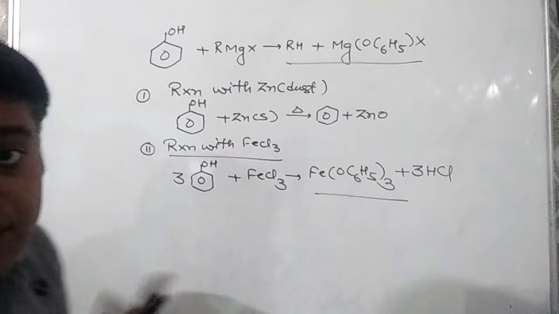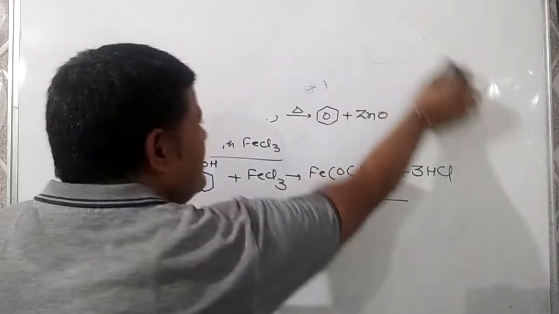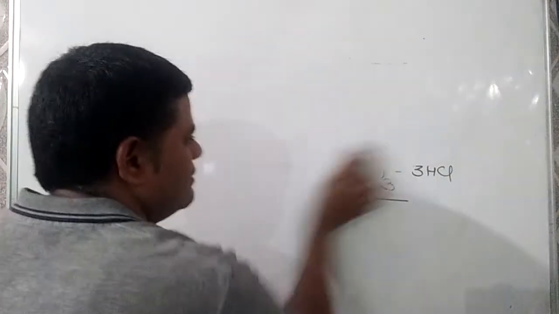Next will be reaction with benzene diazonium chloride. I have already mentioned many times, phenol and aniline can react with benzene diazonium chloride to produce orange red color dye and yellow color dye respectively, and that reaction is known as coupling reaction.